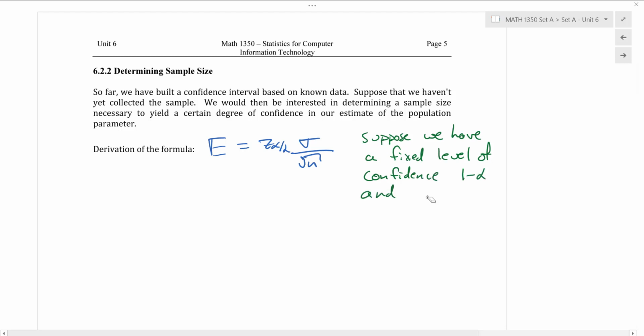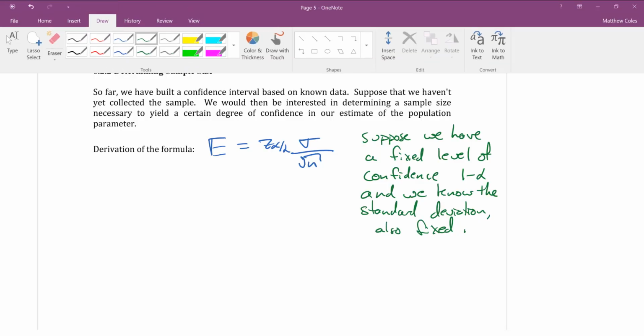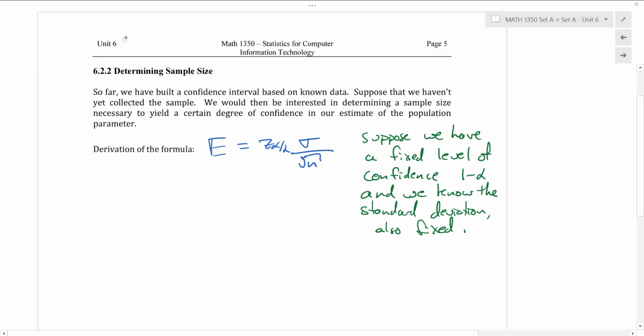And we know the standard deviation. That's also fixed. So that's sigma. So if we know sigma, we know z alpha over 2. Let's think about us having a target for E. Let's think about if we knew E up front, or we had in mind what it should be.